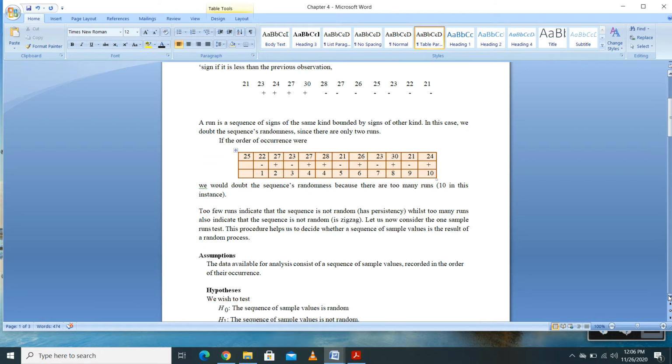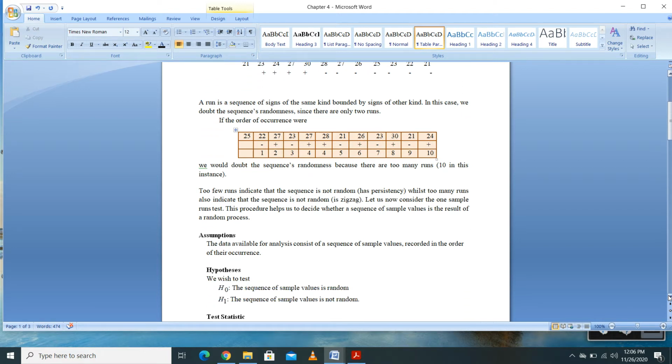Anyway, the assumption of this runs test is the data available for analysis consists of a sequence of sample values recorded in the order of their occurrence. That's why I told you when you get the data set, you cannot arrange your data set in ascending or descending order. You have to take your data set as it is recorded, right?